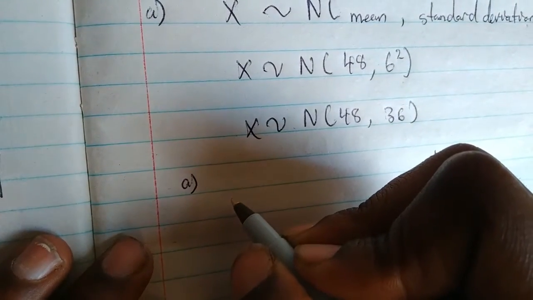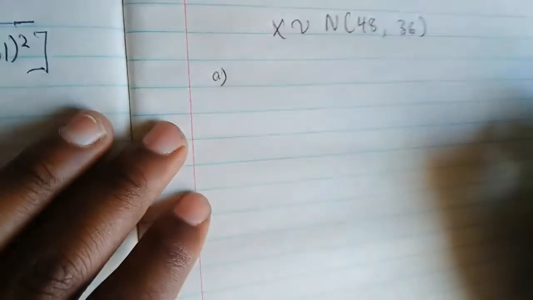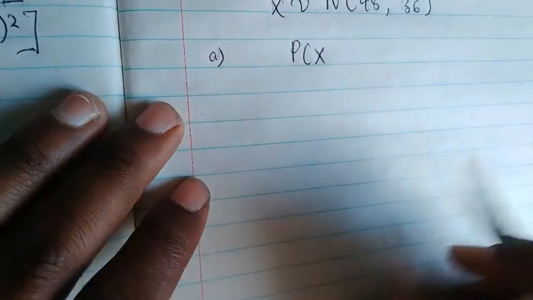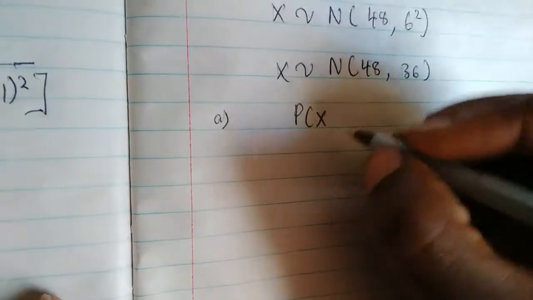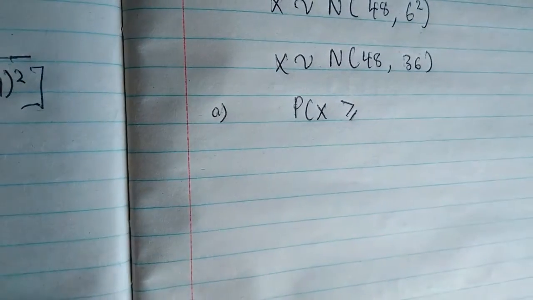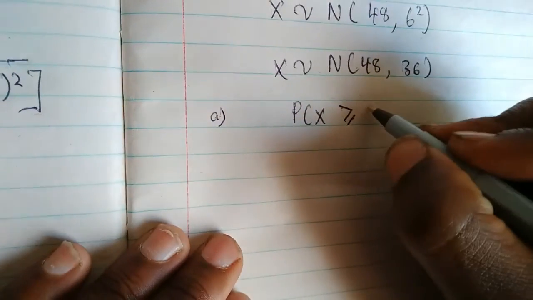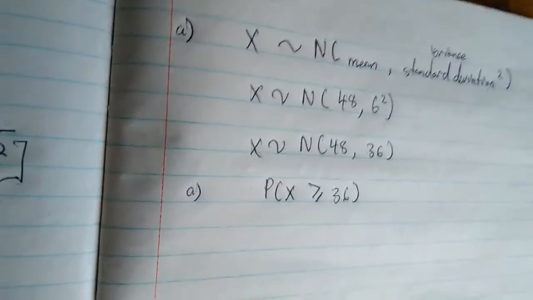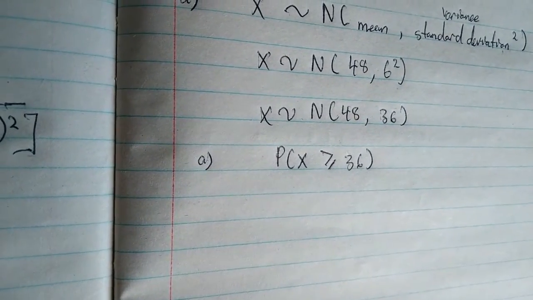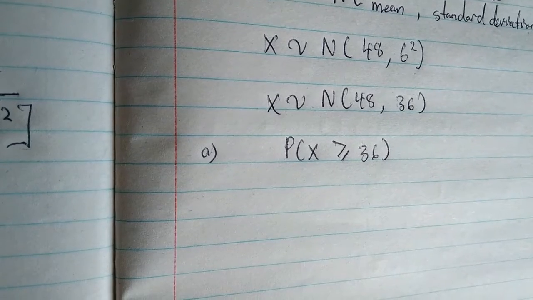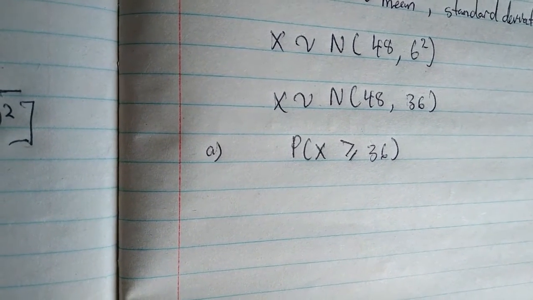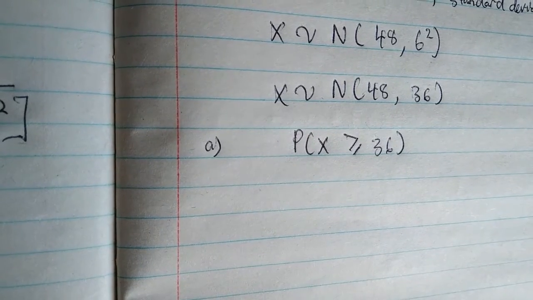The question is asking the probability that the driver has to wait for at least 36 hours. So we're going to say probability of X is greater than or equal to 36, since it is at least. So we need to standardize, because the tables that we use to find the values are standardized.